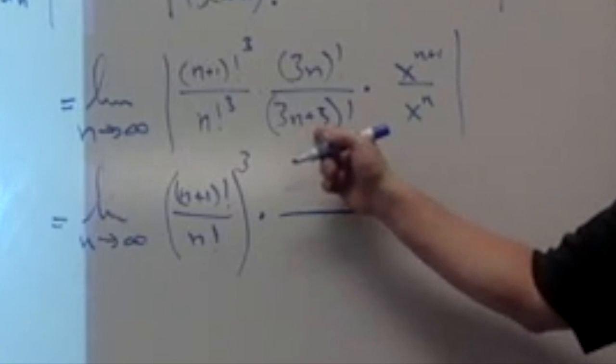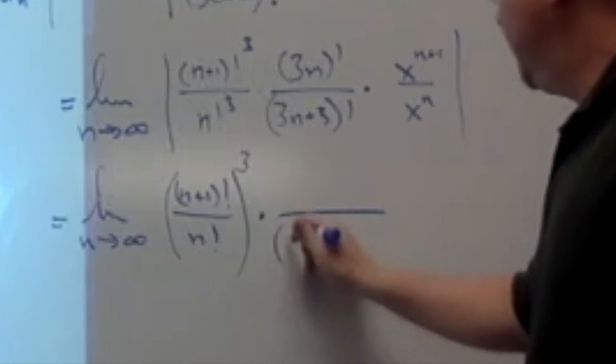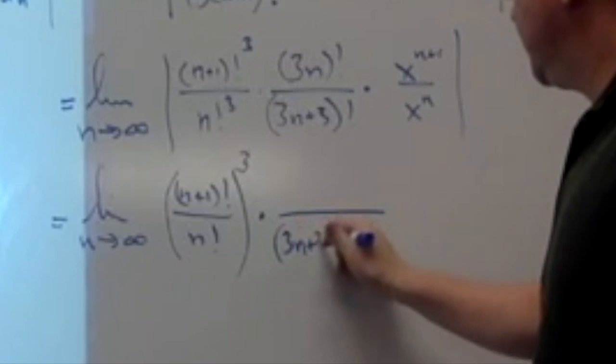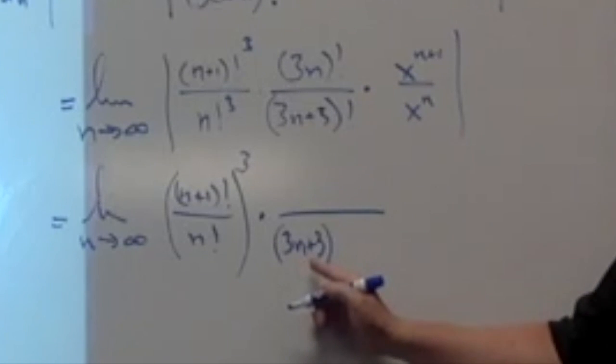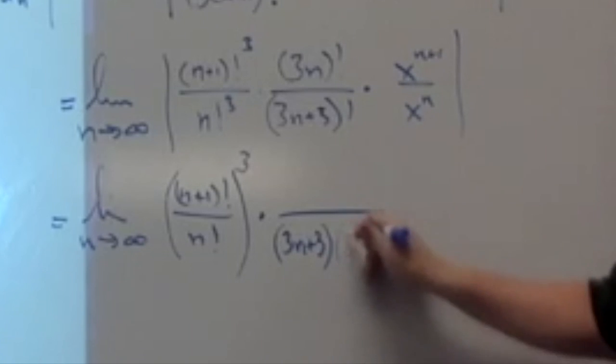So I'll start by writing down the denominator. The first factor would be 3n plus 3. And like you said, I think you said it in the opposite order; I'm just saying it in this order. The next largest one would be 3n plus 2. Do you mean the next smaller one?